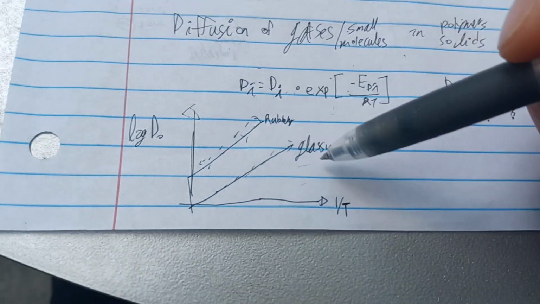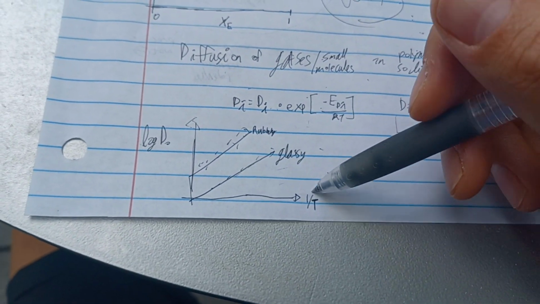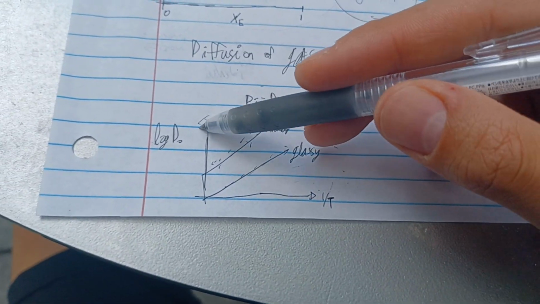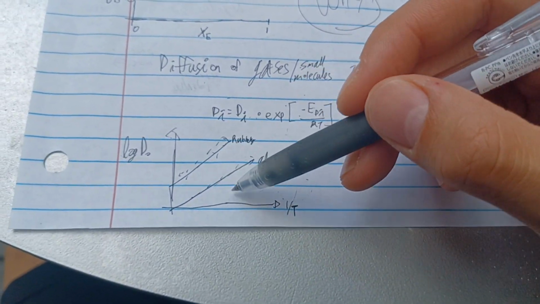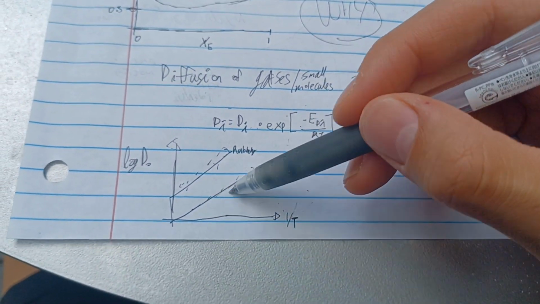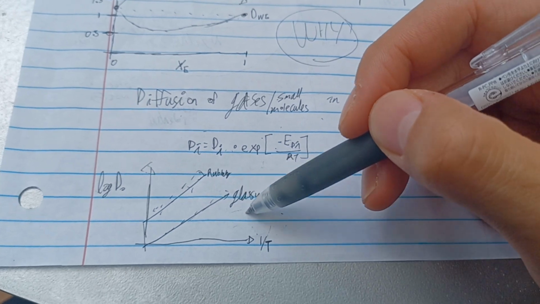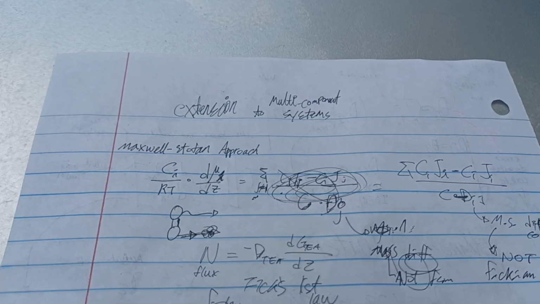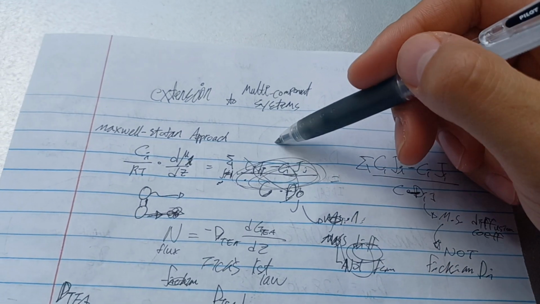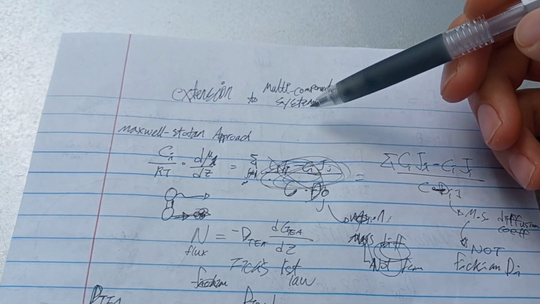When we put it experimentally, this is 1 over temperature and then the diffusivity in log. Different solids and polymers show 2 distinct lines, one is a glassy type of solid and one is rubber type. I guess this is where I start to get lost with solids and it doesn't really make sense, but I'll continue.